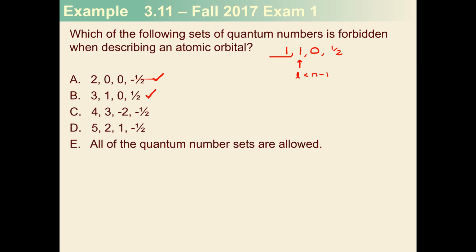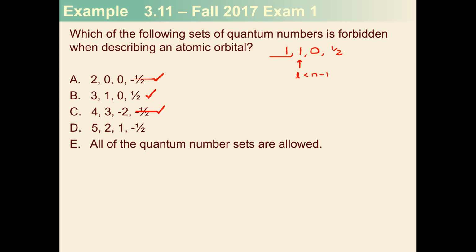So let us go to C. I have 4. Now I have 3, which abides by my n minus 1 rule. If I have a 3, I'm allowed -3, -2, which I have in this case, and I'm allowed to have a downward facing electron, which is going to be -1/2. This would be a good set as well. If I look at D, I have the principal quantum number of 5.